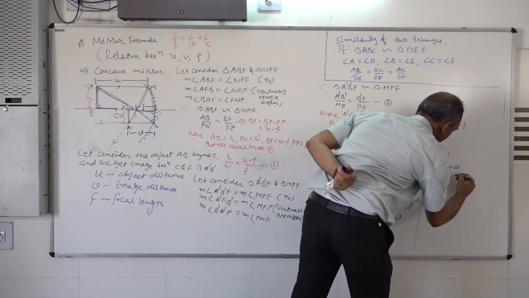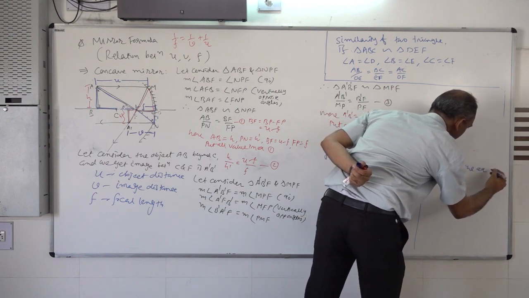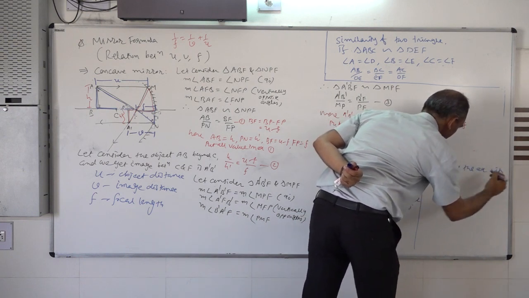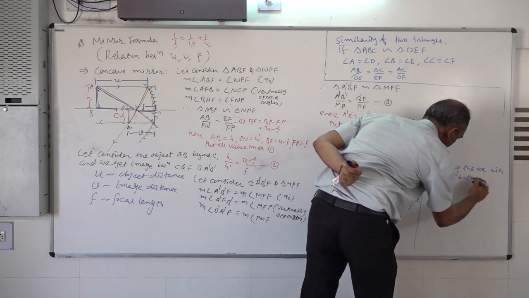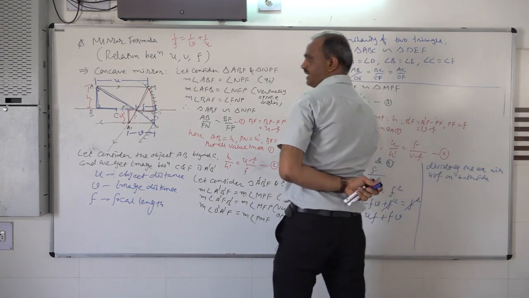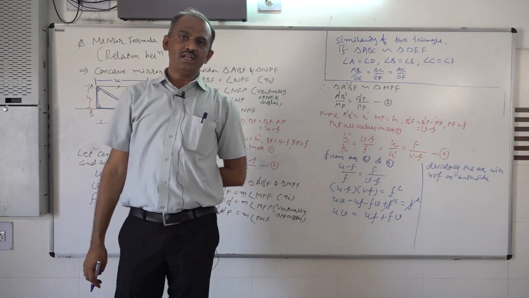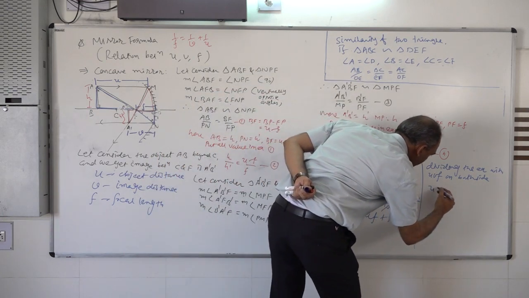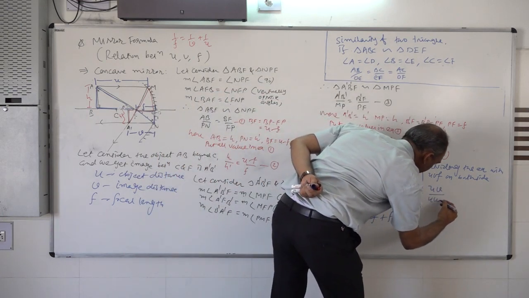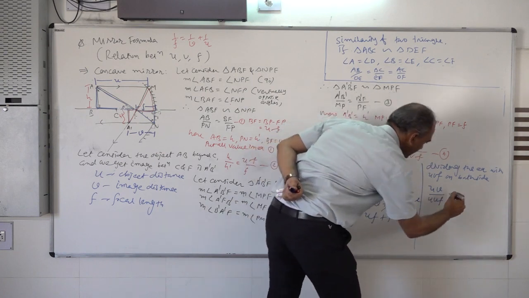Dividing the equation with UVF on both sides. दोनों साइड पे हम क्या करते हैं? UVF से डिवाइड करते हैं. तो यहाँ पे UVF से डिवाइड करेंगे तो क्या आएगा? UV अपॉन UVF. यहाँ पे क्या आएगा?